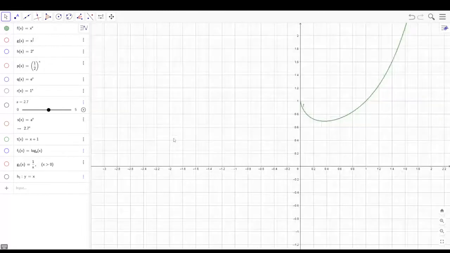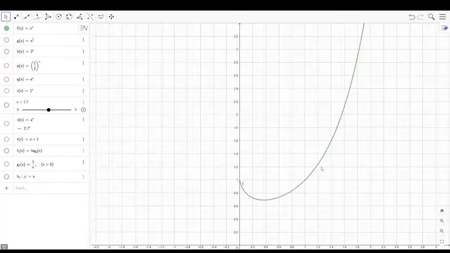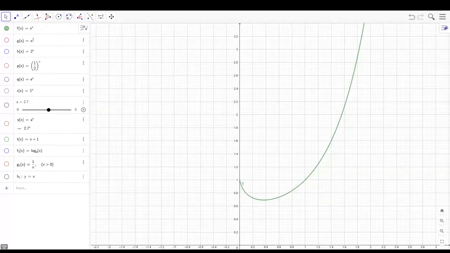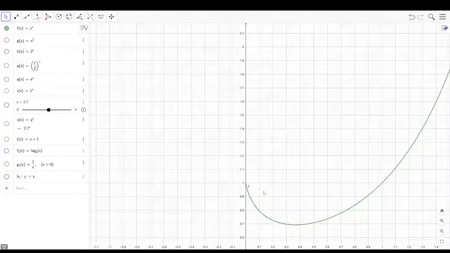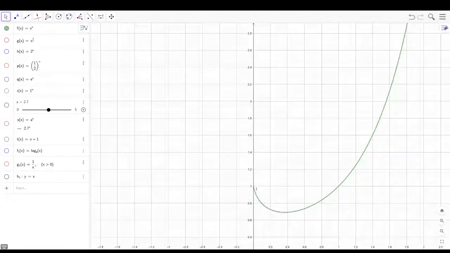All right, excellent. Now, a question on the chat. What is 0 to the 0? Even though it looks like you've got a defined value there, what is 0 to the 0?